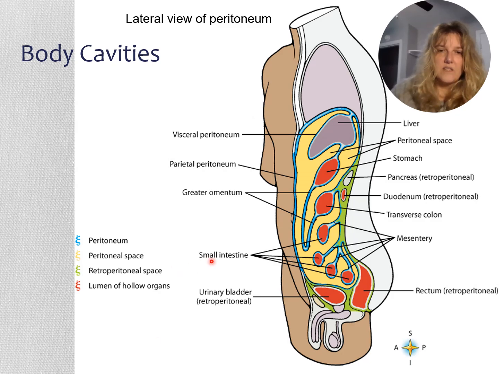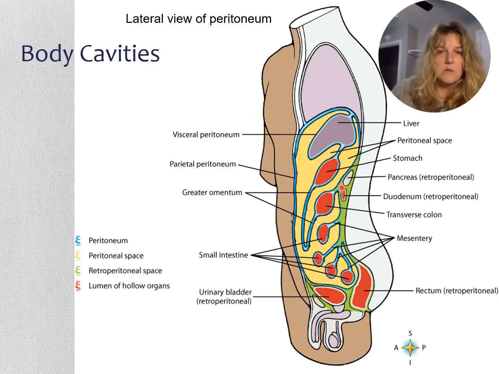And I also like this picture because it gives you a really good representation, shows you those different tissues, those sheets of mesentery that hold or suspend your intestines within the body system, keeps them from all jumbling up down here at the bottom.